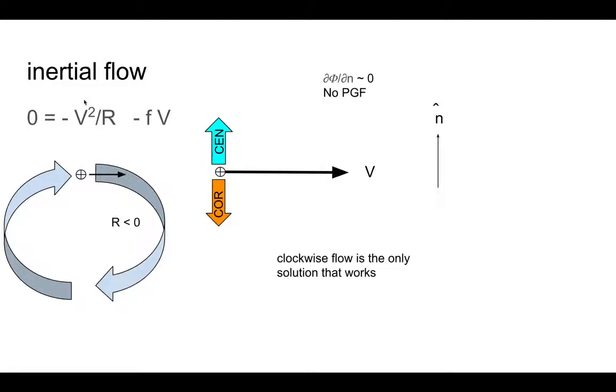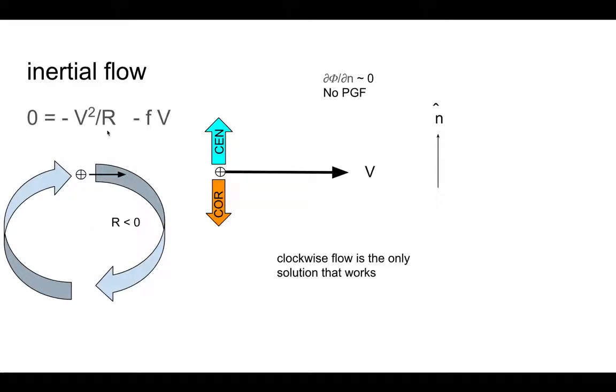Since V is greater than 0, we're going to have some centrifugal acceleration and some Coriolis, and those have to balance each other out. So really the only way for this to work, since in the northern hemisphere Coriolis acts to the right, is for the centrifugal to act to the left and balance that. And the clockwise or anticyclonic flow is the only solution that will work.